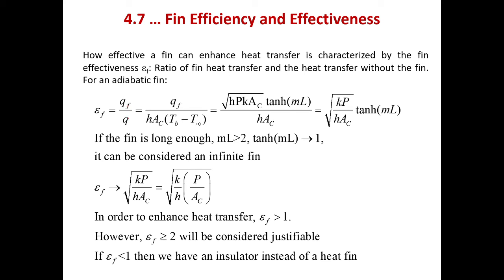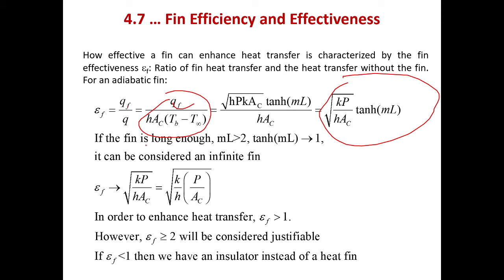that is qf upon q. In place of q we can write hAc (Tb minus T infinity), and in place of qf we can write root of hP kAc tanh(mL) upon hAc (Tb minus T infinity), that is root of kP upon hAc tanh(mL). When we simplify that equation, putting the value of q, we get that equation.